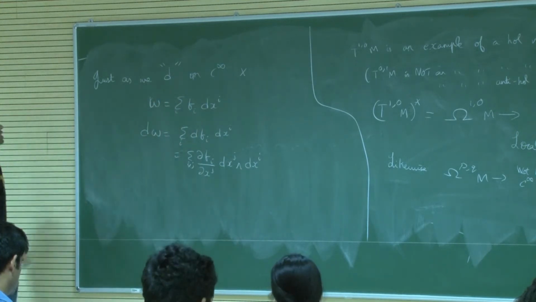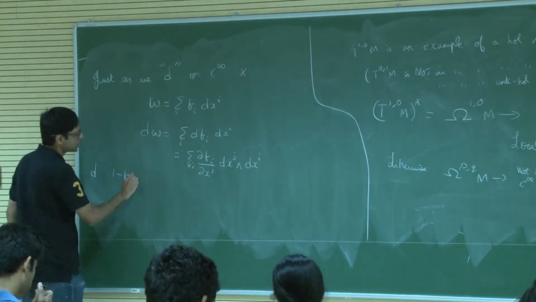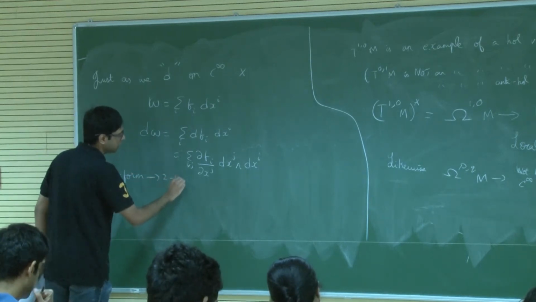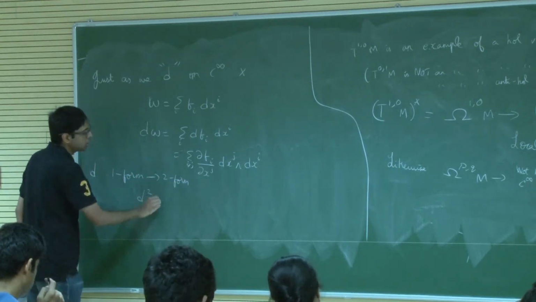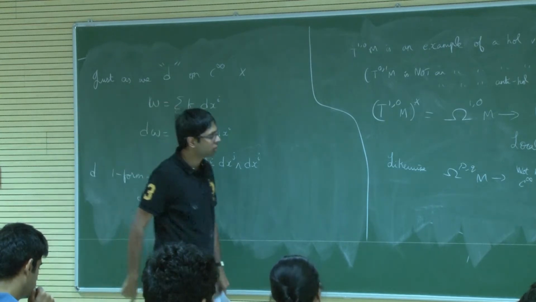Remember? A d takes a 1-form and spits out a 2-form and so on. And d squared is 0. Just like we have in Rn, but on manifolds.